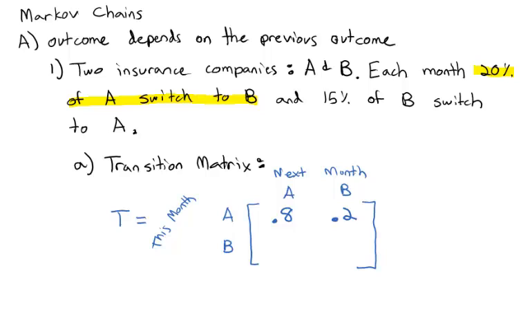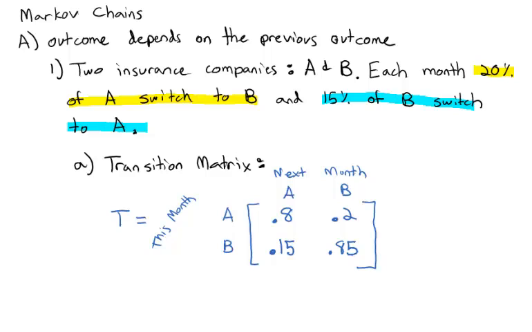Similarly, we are told that 15% of the B customers switch to A. So a B customer is going to switch to A next month 15% of the time. So in the B to A, we have 0.15. Then for the final entry, B to B, staying with B, is the complement of that, 1 minus 0.15, or 0.85.